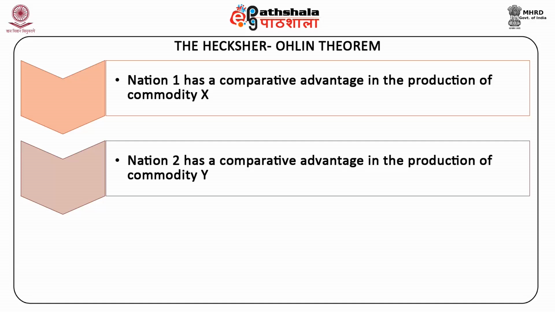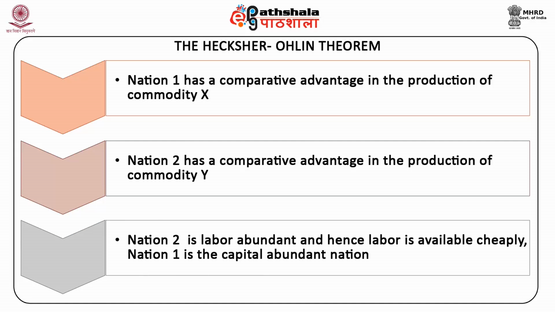This is because Nation 2 is labor abundant and hence labor is cheaply available and commodity Y is labor intensive. So, Nation 2 can produce commodity Y with lowest costs and hence gain comparative advantage over it.